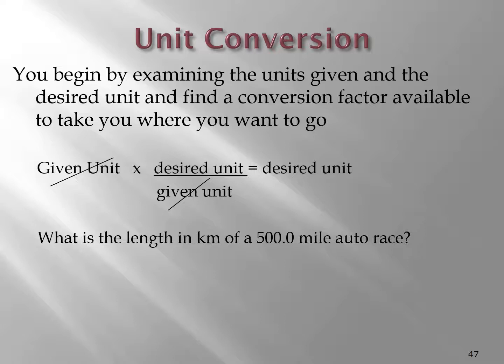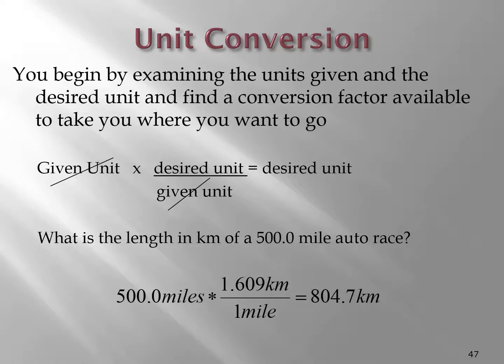All right, so what is the length in kilometers of a 500-mile auto race? Well, we need to find a conversion factor from kilometers to miles. If you look back on that slide, you'll see that 1.609 kilometers is equal to 1 mile. So we know that we're starting with 500 miles, and that's the unit we are trying to get rid of.